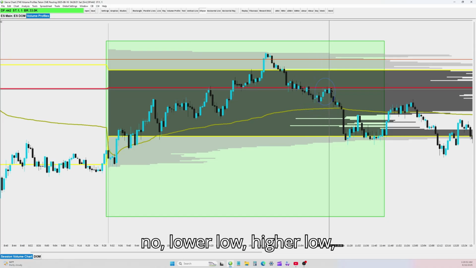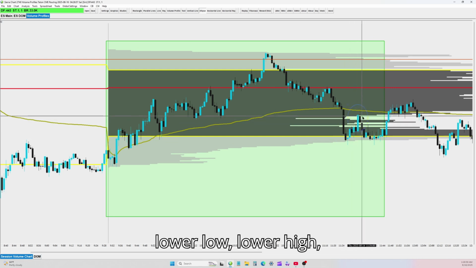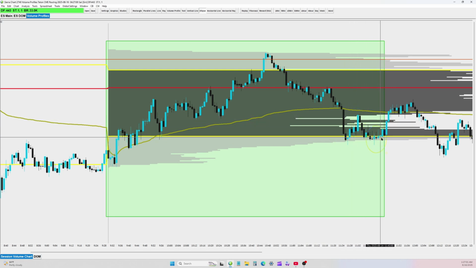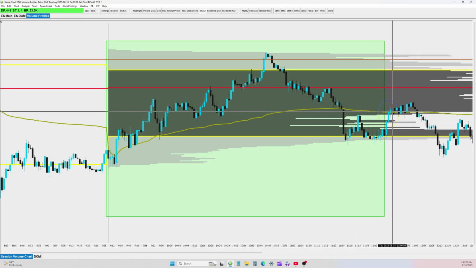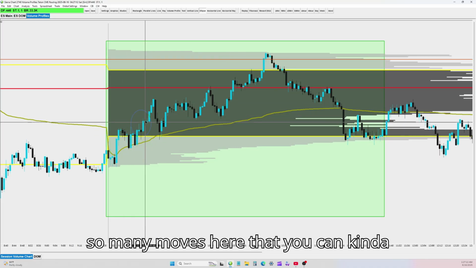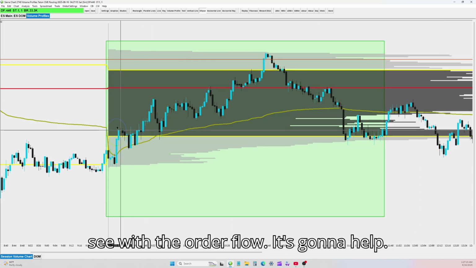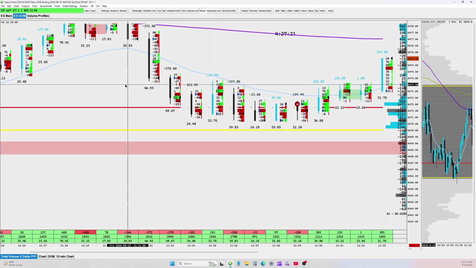Lower low, higher low, lower low, lower high, equal low, higher high, higher high. So break a structure. There's so many moves here that you can kind of see with the order flow. It's going to help to see.